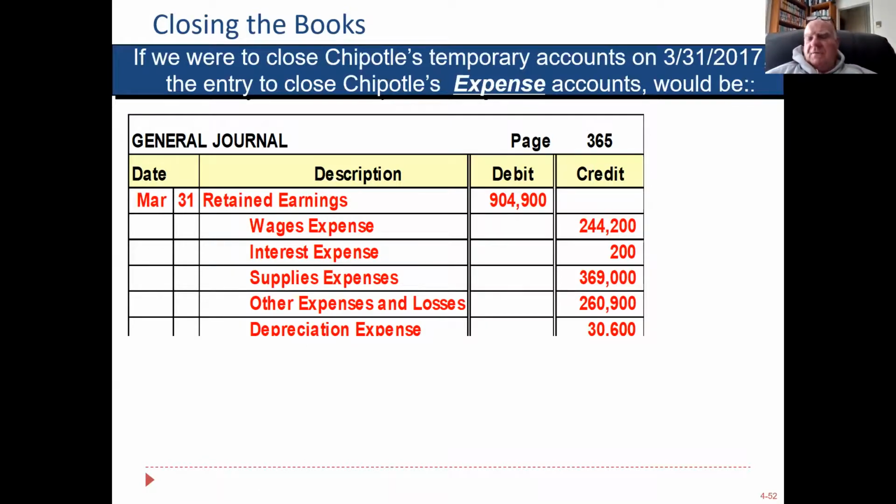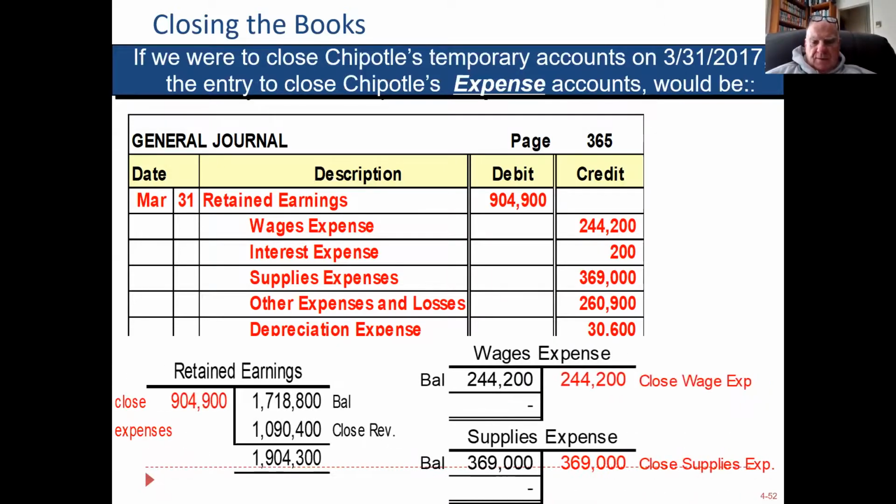The revenues, of course, increase retained earnings. Every time you sell something, it will increase your equity. Every time there's an expense incurred, it goes the other way, okay? And that's what we're talking about. We got rid of these wages with this credit, debit over here.